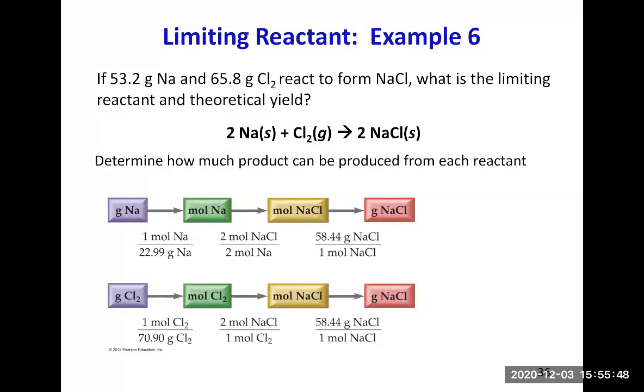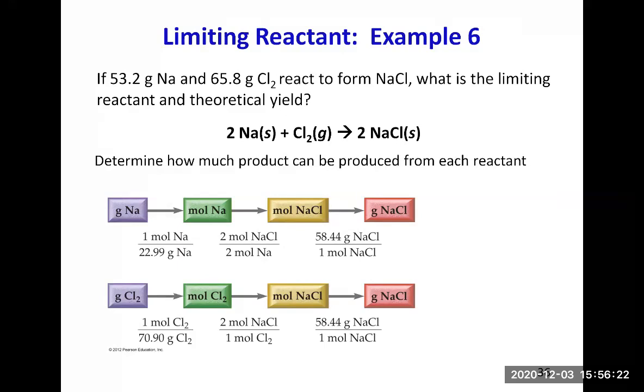You do the same thing with the chlorine. You take the 65.8 grams of chlorine and change them to moles of chlorine using the molar mass of chlorine. Notice how it's Cl2, a diatomic molecule, so you take twice the molar mass of one chlorine atom, and that's 70.90 grams of chlorine per mole of chlorine. Then once you have the moles of chlorine, you can change them to moles of NaCl using the coefficient of the chemical equation.